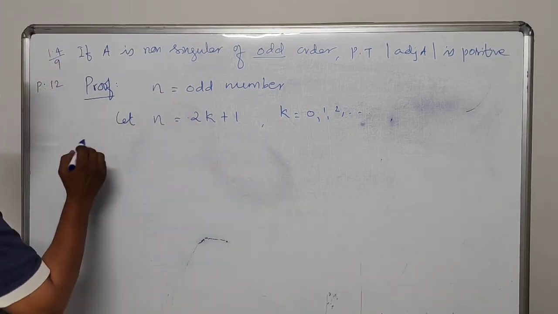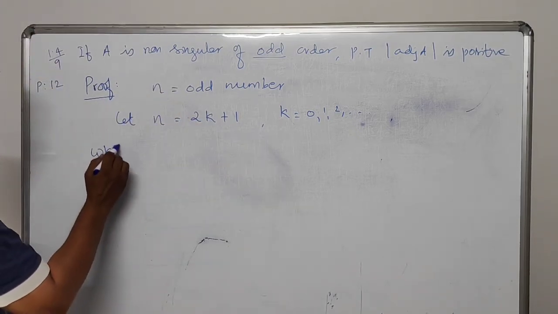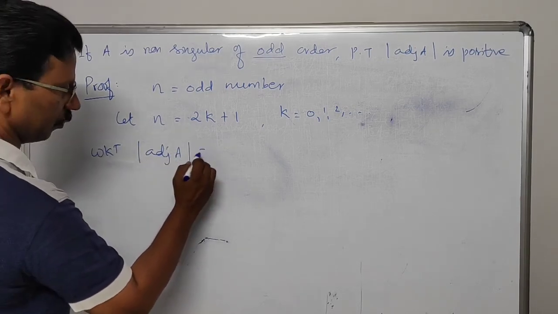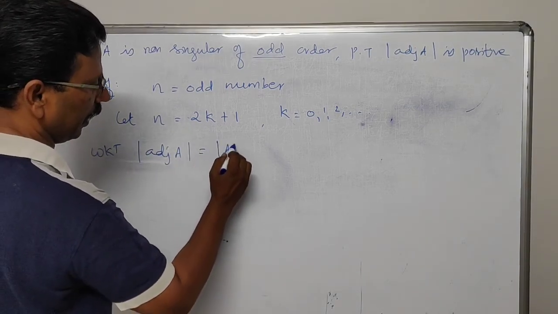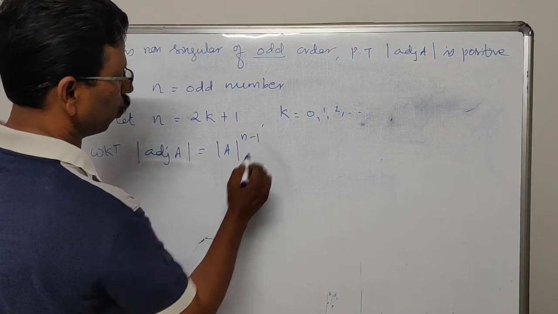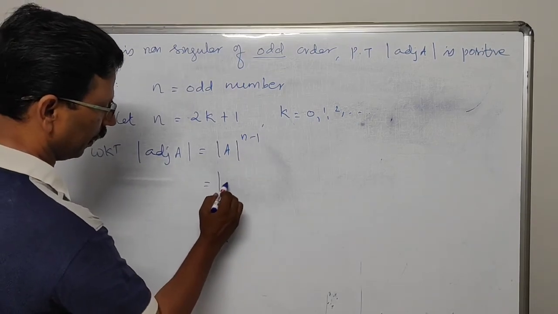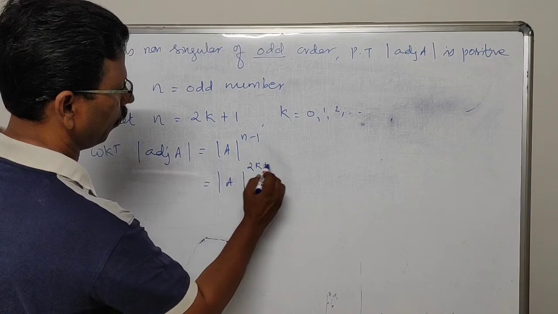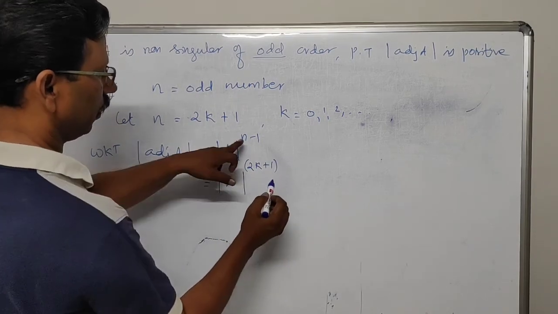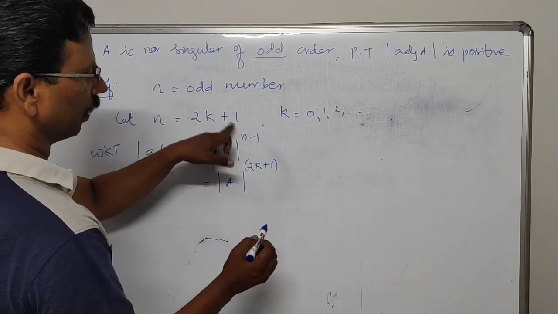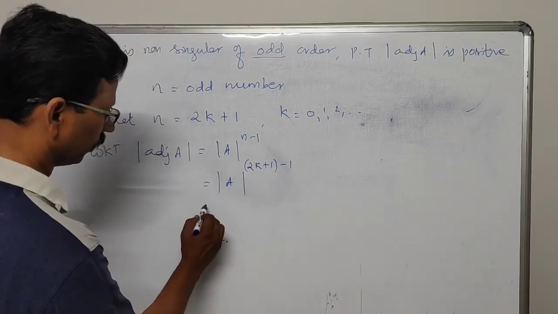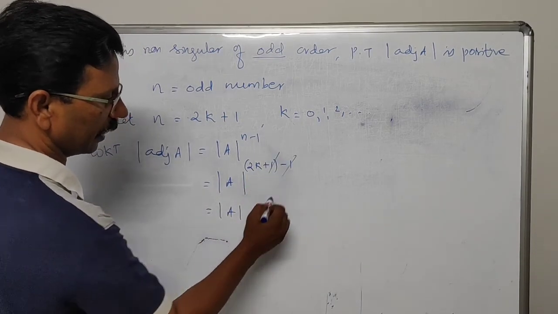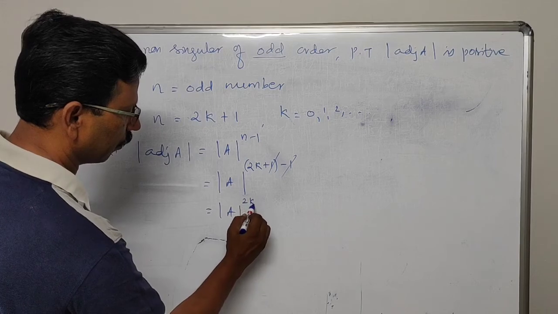Now by the property, we know that the determinant of adjoint A, already we have seen, is determinant A power n minus 1. Now this is equal to determinant A power 2k plus 1 minus 1, where plus 1 and minus 1 cancel, giving 2k.